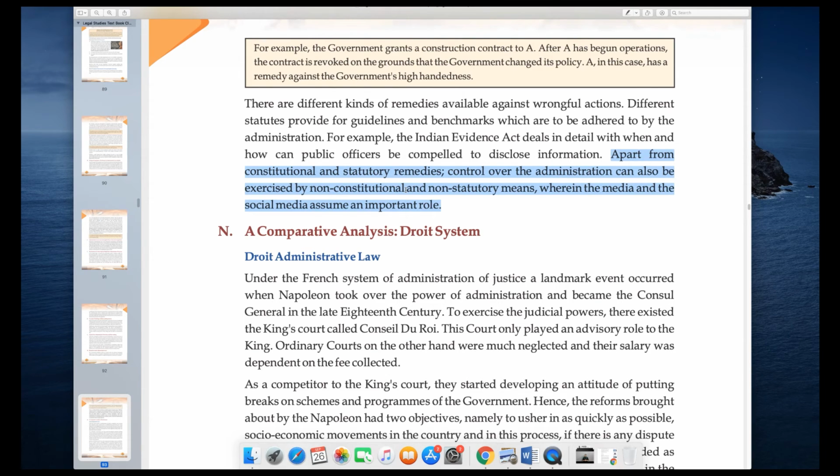In that case, the media or people through social media can raise the question and seek natural justice. Okay, so this is all regarding the miscellaneous concepts of administrative law.